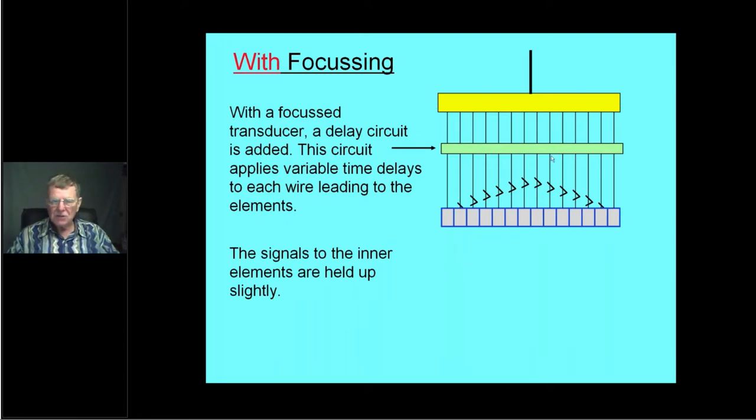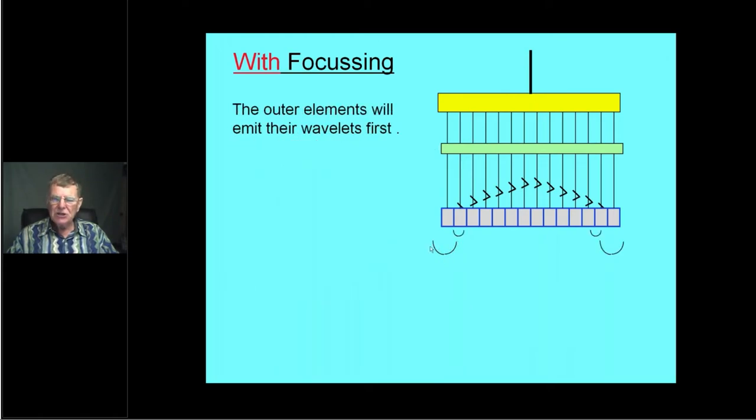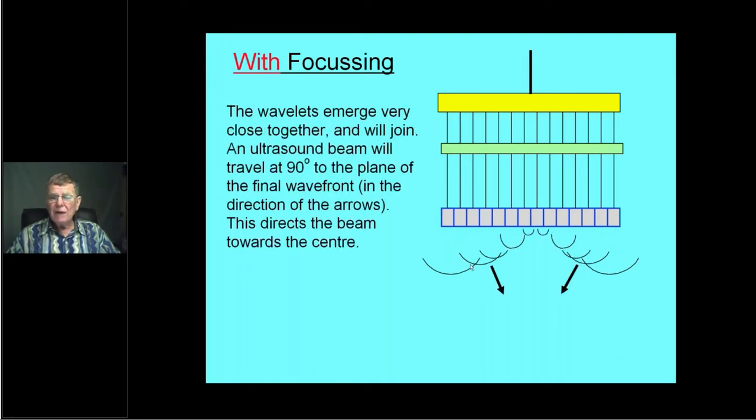So very close. So they've come down here. So what will happen now is that the outer elements are generating their little wavelet first, followed by the elements immediately next to them towards the center, and so forth.